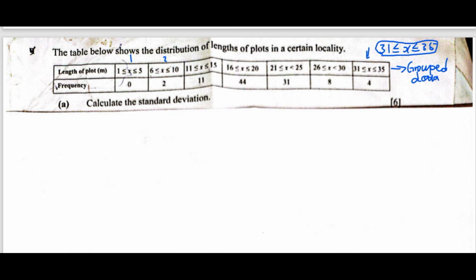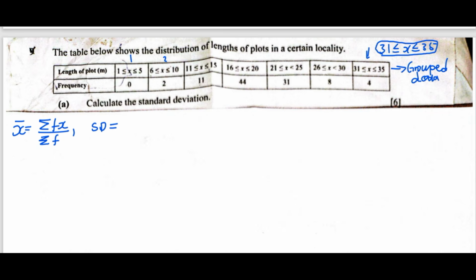Now the formula for grouped data, if you don't want to use a table, is this one. First we begin with the mean. The symbol for the mean is x with a bar, which is equal to the summation of fx over the summation of frequency. After that, we are going to find the standard deviation.